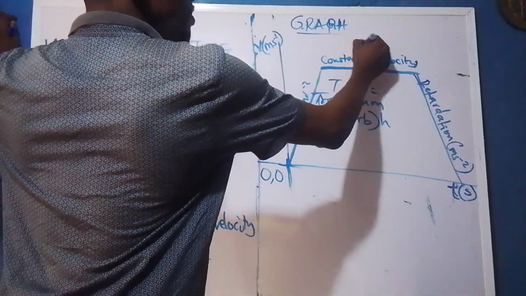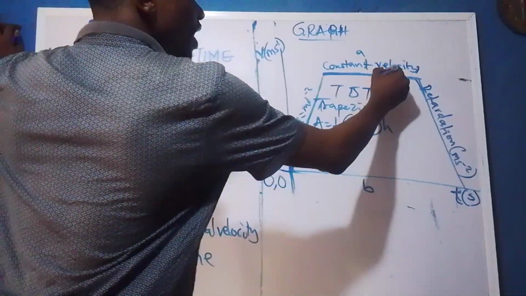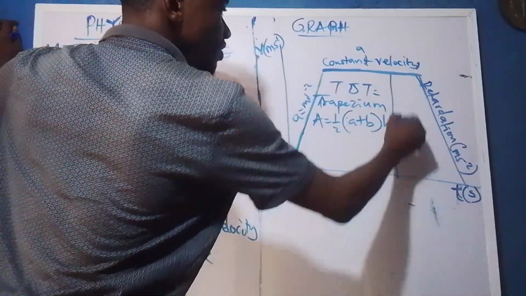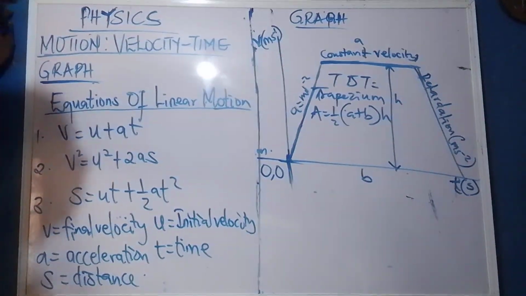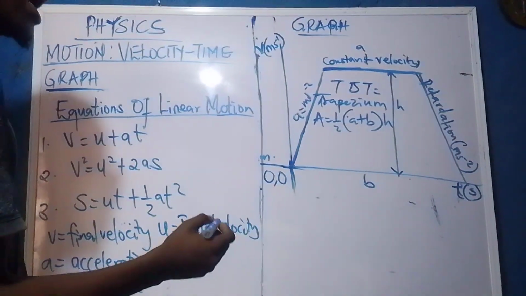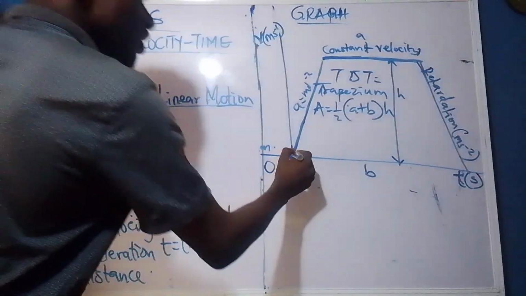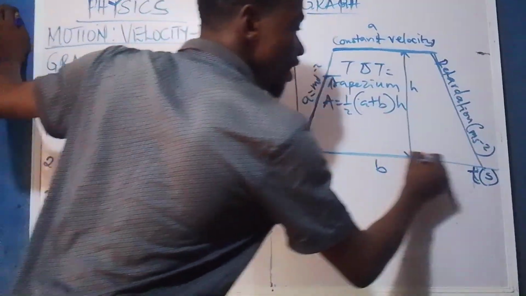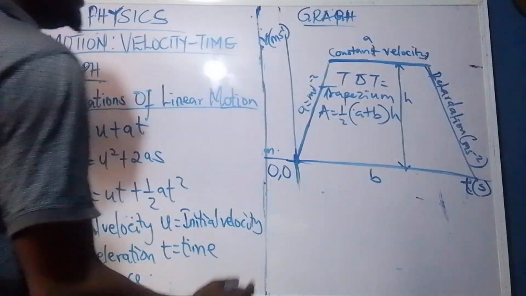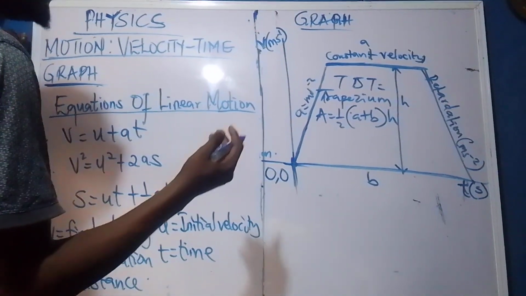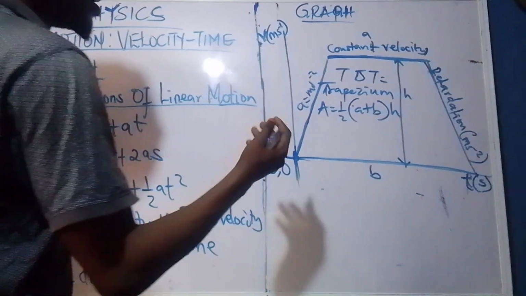Where here is the a, here is the b, and the distance from here to this place is known as the height when measuring a trapezium. The time it took to move from here to this place is what we call time taken. So these are the terminologies that we need to identify when we are doing velocity time graph.